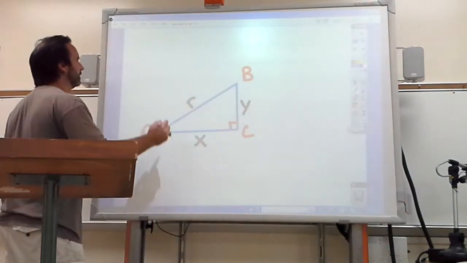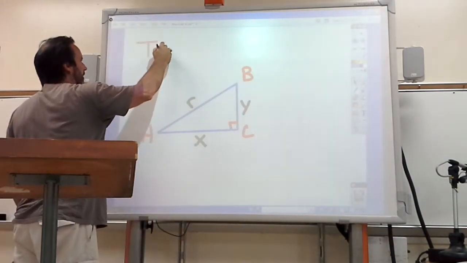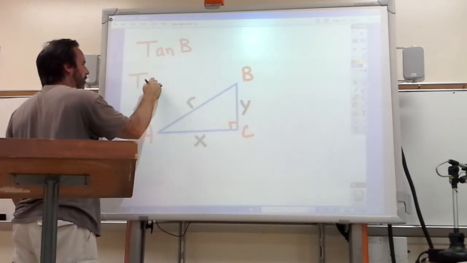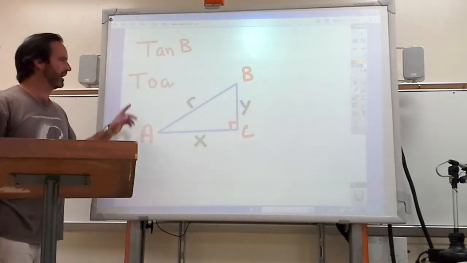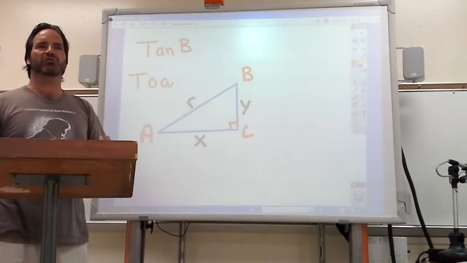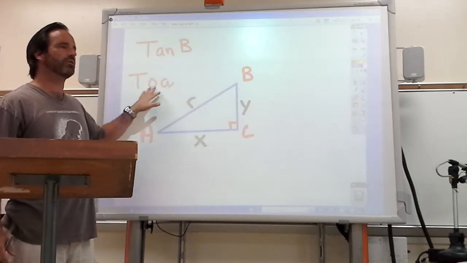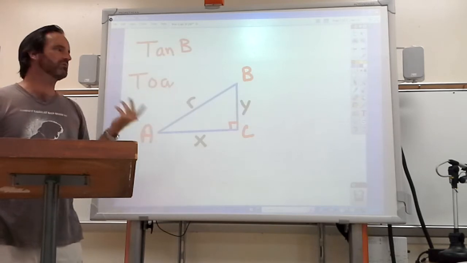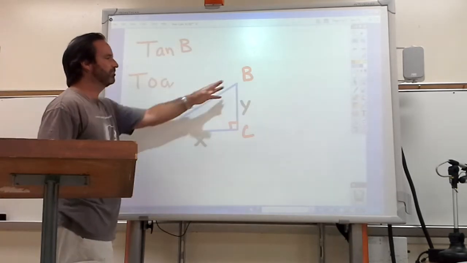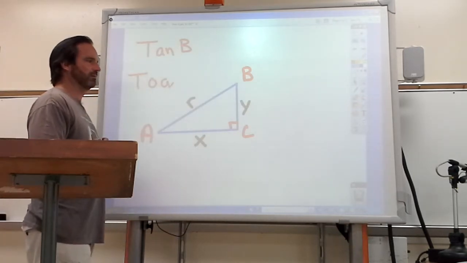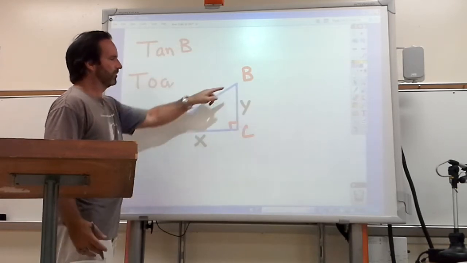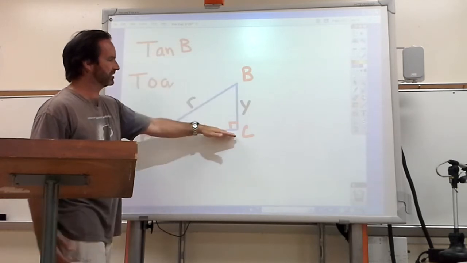Okay? Let's do tangent of angle B. Tangent deals with TOA. The tangent of an angle, in this case angle B, comes from the ratio of the opposite over the adjacent. Notice tangent, we don't deal with the hypotenuse at all. There's no h. Okay? Here's angle B. What's opposite? Well, what side doesn't touch angle B at all? So what's across from angle B is this opposite side, x.